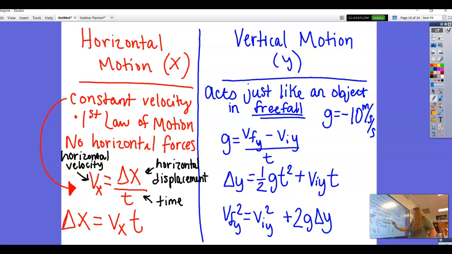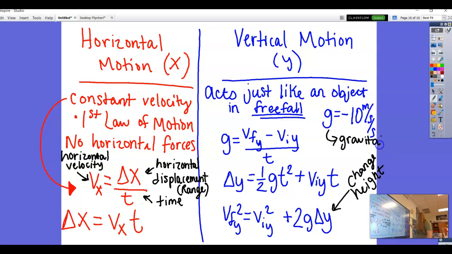Now, delta y and delta x are different. Delta y is a vertical displacement or a change in height. Delta x is a horizontal displacement, also known as range. T, of course, is still time. G is what we call gravitational acceleration, the acceleration due to gravity, okay?